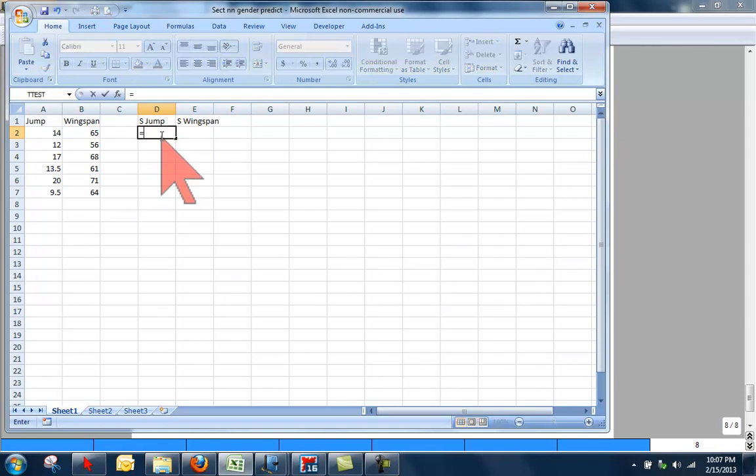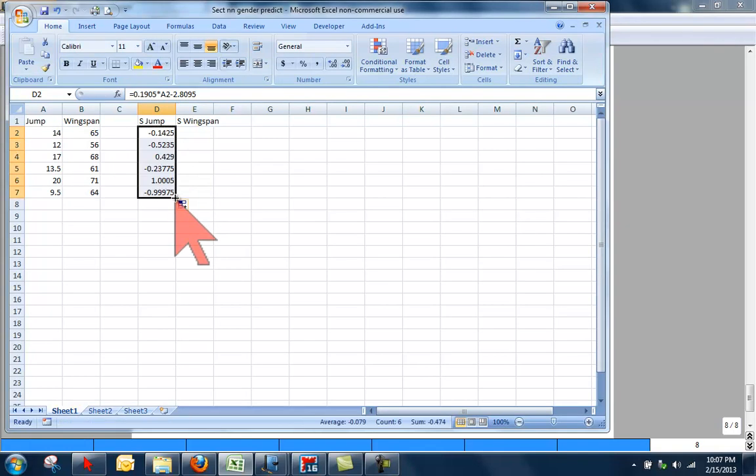For the jump, I wrote 0.19 on the worksheet, but I'm going to carry a little extra precision if you actually use those formulas: 0.1905 times the original jump height, and then minus 2.8095. And drag this down, and we can see that we have indeed converted the jumps to scaled versions between -1 and +1.